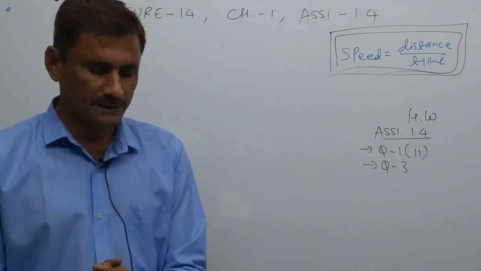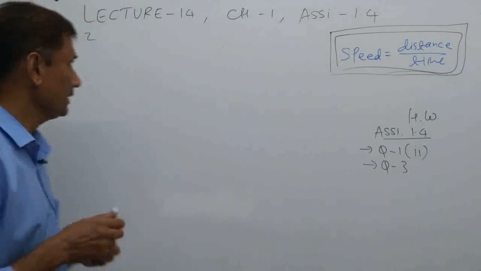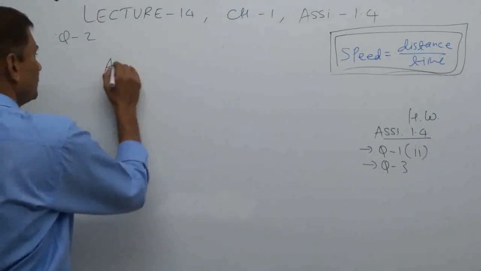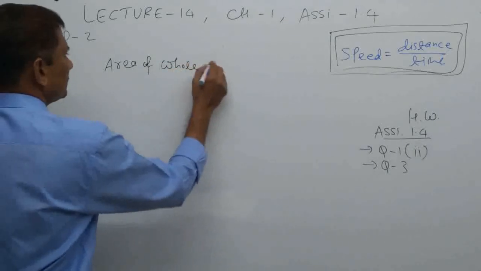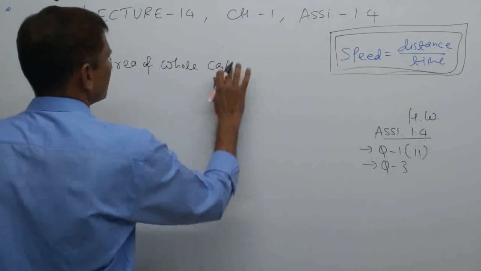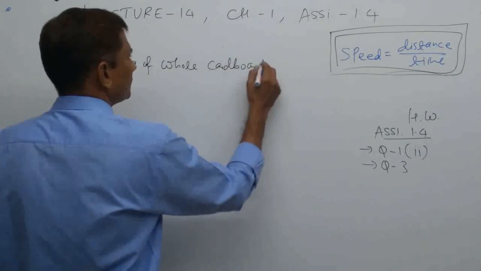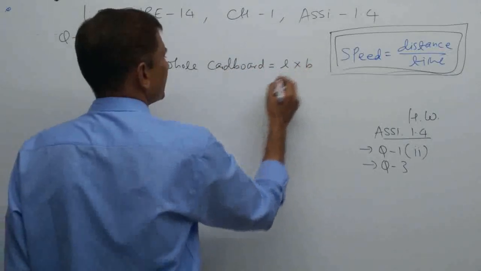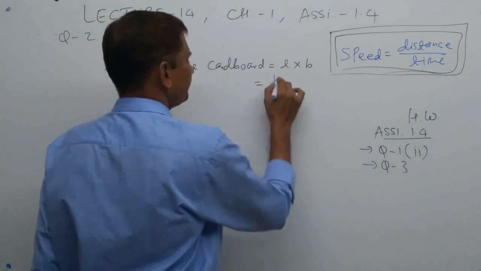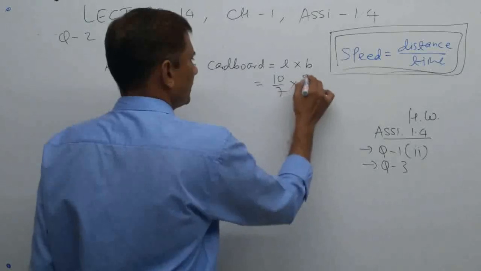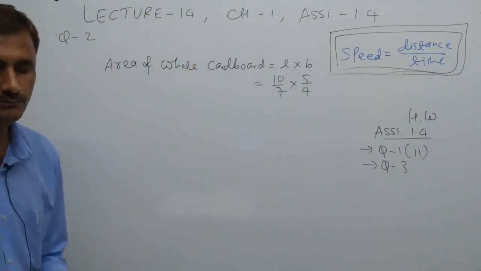So let's first find the area of the given cardboard. Area of the whole cardboard is L into B. It is 10 by 7 into 5 by 4, length into breadth.